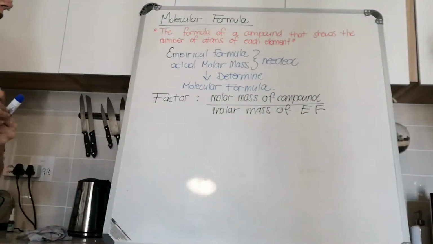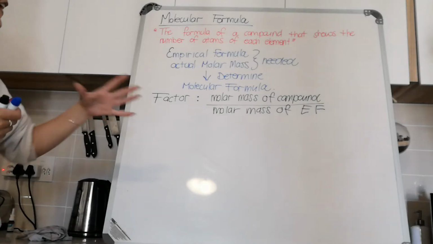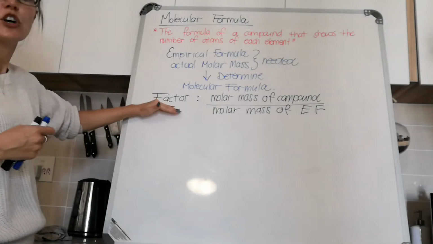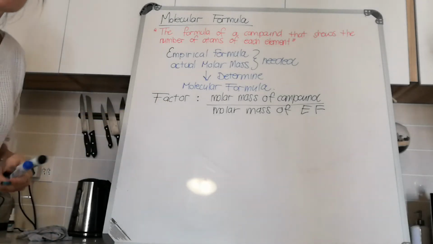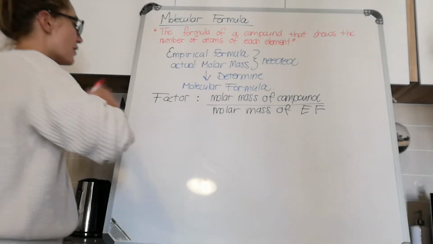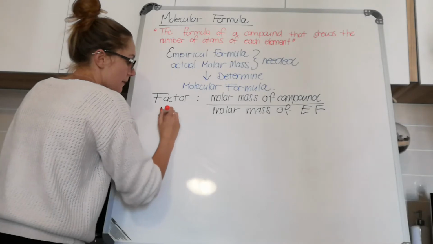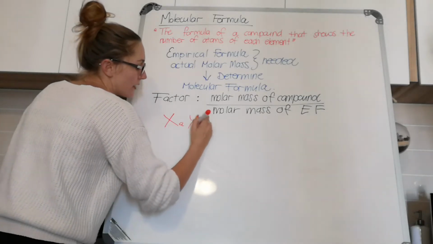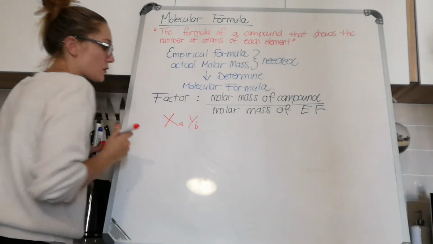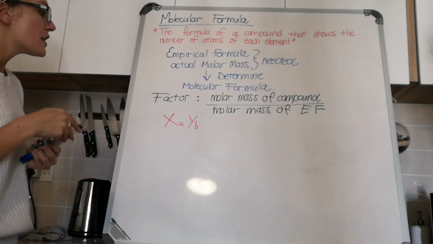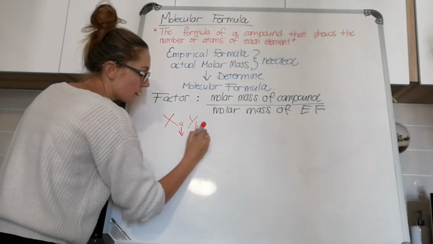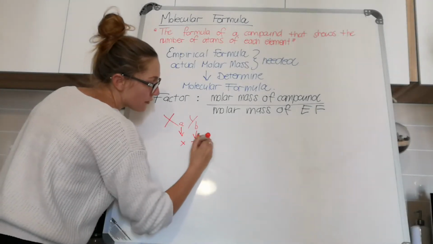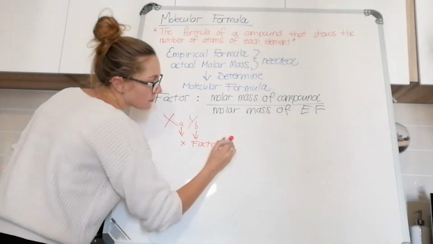That gives us the factor by which we are too small. When you have that, then whatever your empirical formula is, so let's say our empirical formula is X_aY_b, two elements X and Y with the ratio of a to b, then we just take the a and the b and multiply both of those by our factor.